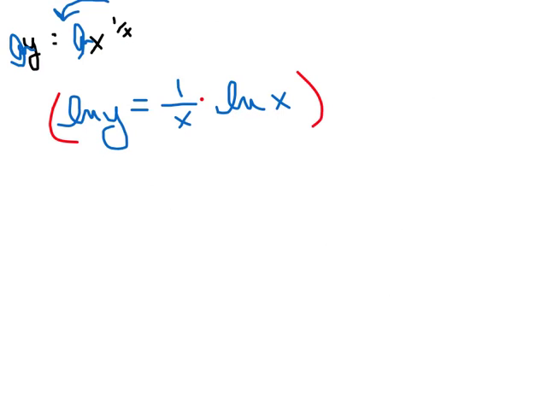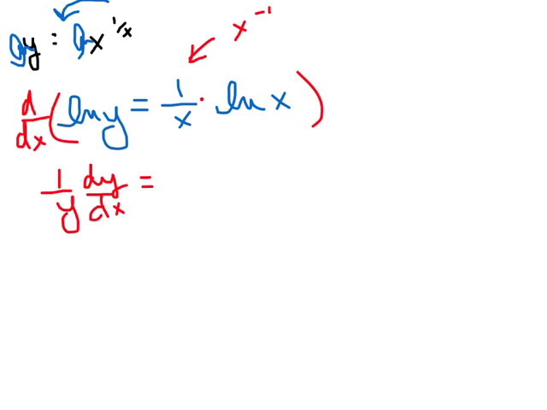So now I can differentiate both sides with respect to x, and then I would get 1 over y dy dx. On this side I need to use the product rule. If you think of this as x to the negative first, its derivative is negative 1 x to the negative second.